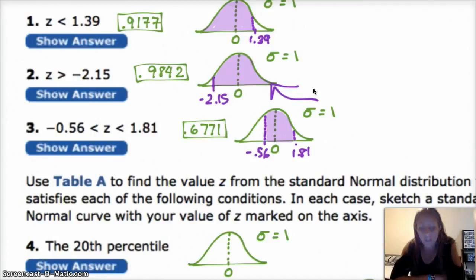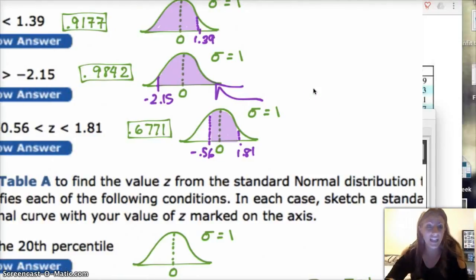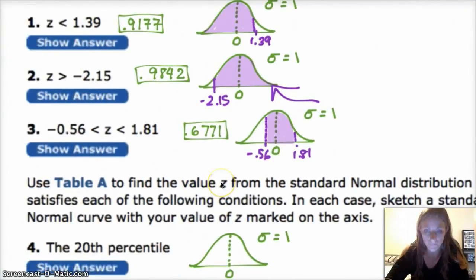So you can just type in a really, really large number. There's another way to type it in, but it's actually more work. So just type in something like 9999999, or negative 9999999 for your negative value, just as long as it's a big negative number or a big positive number.